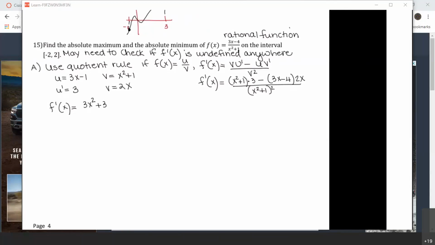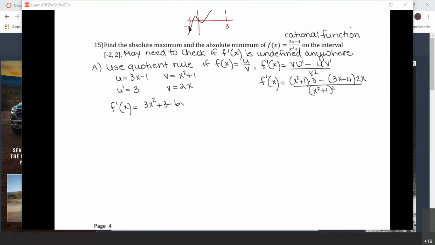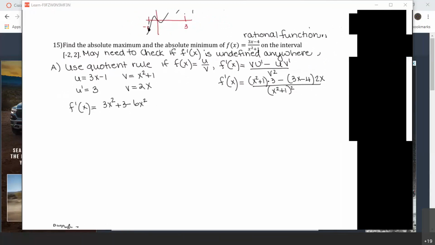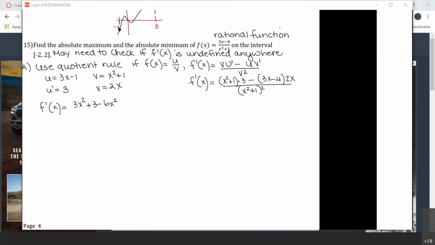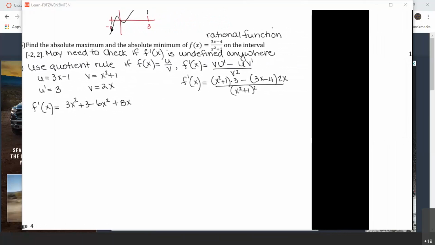Okay, so -2x times 3x gives me -6x squared. Okay, and -2x times -4 gives me +8x. Okay, so I kind of did two algebraic steps there together. I distributed the minus and I also multiplied by 2x.